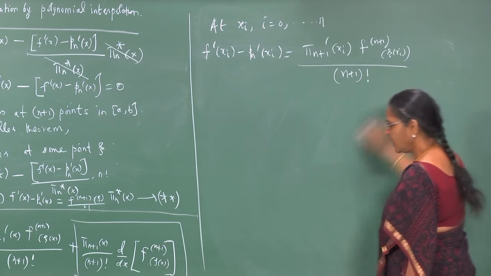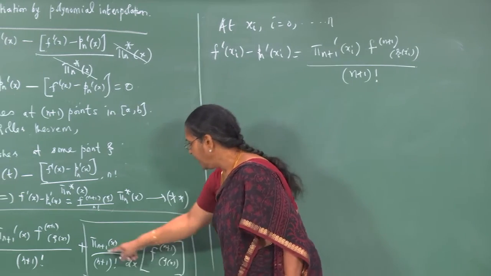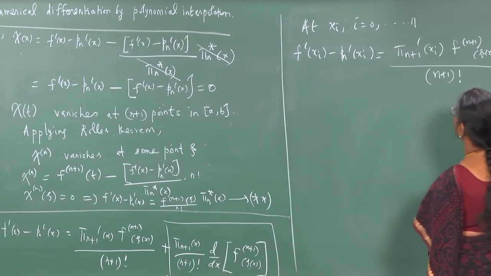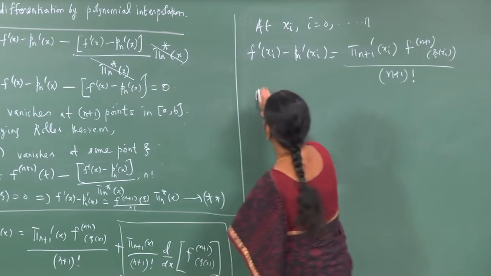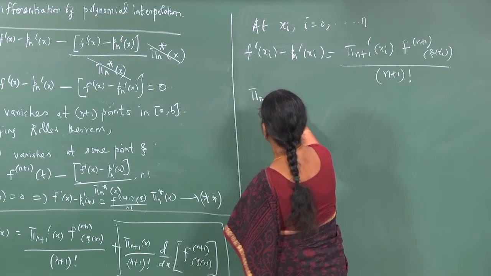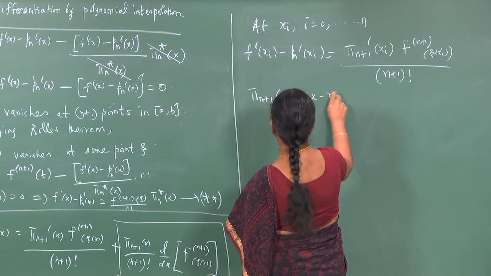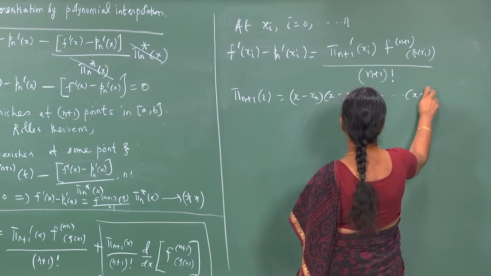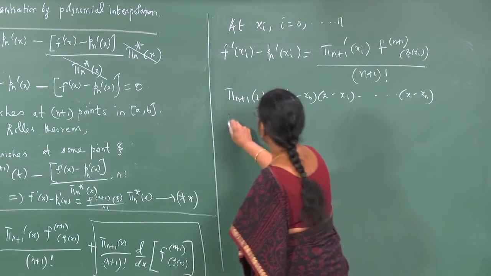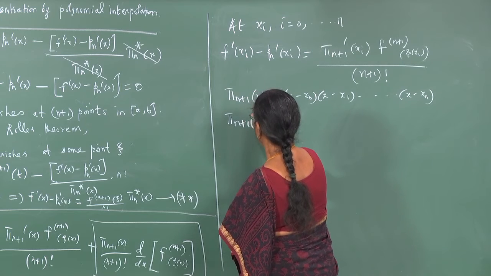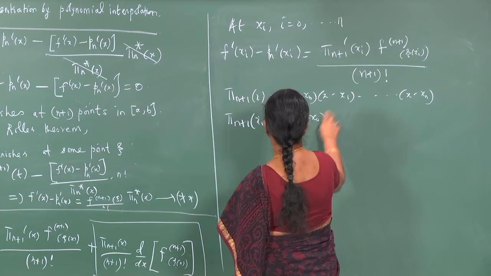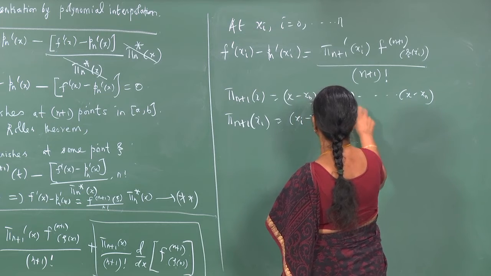Then let us look into the second term. The second term involves pi n plus 1 of x. What is pi n plus 1 of x? Pi n plus 1 of x is (x minus x naught)(x minus x1) etc. up to (x minus xn). So, pi n plus 1 evaluated at xi will be (xi minus x naught)(xi minus x1) and so on.